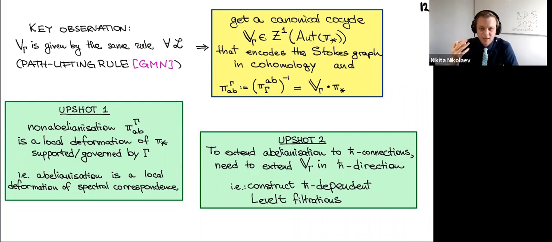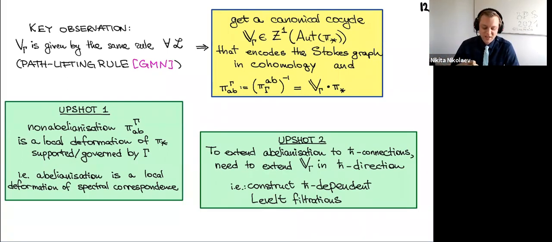If abelianization is really the data of a cocycle, then I need to explain how I would extend this cocycle in the h-bar direction with appropriate behavior in h-bar. The way this cocycle V gamma was constructed, the main input was these Levelt filtrations and the fact that I was intersecting them.